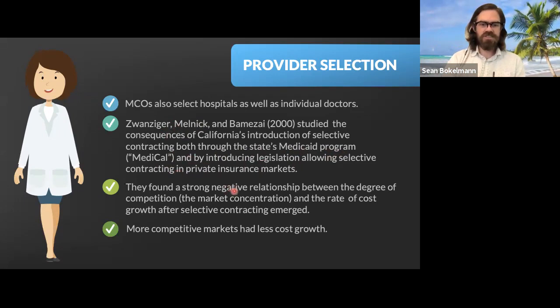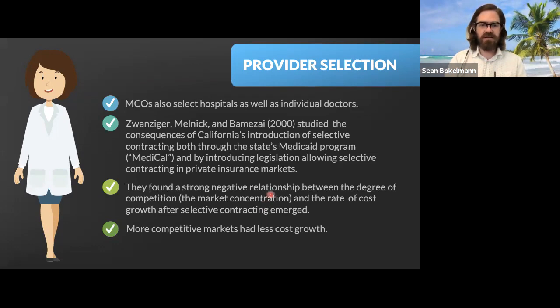And what they found was there was a strong negative relationship between the degree of competition, which they measured as market concentration, and the rate of cost growth after selective contracting emerged. So it appears that this selective contracting has dampened the increases in costs where there's a strong degree of competition, right?